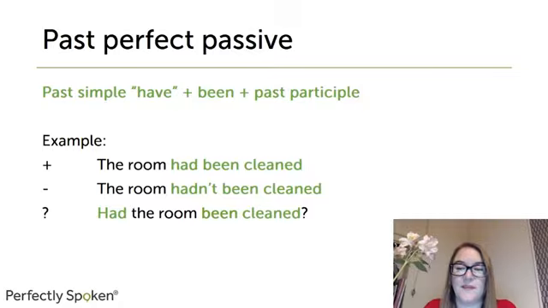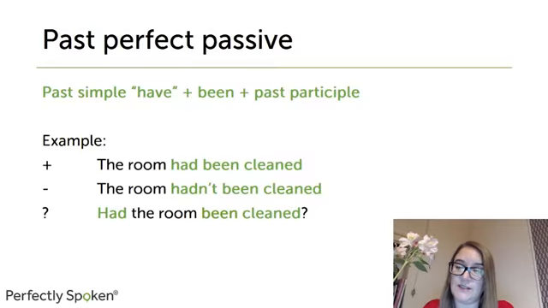The last tense that we are going to look at today is the past perfect passive. This time you need the past simple of the verb have plus been plus the past participle. Again, our example is the room and clean.